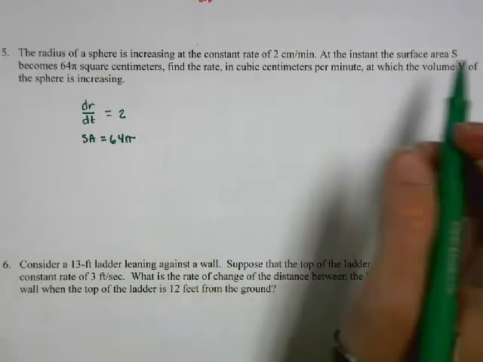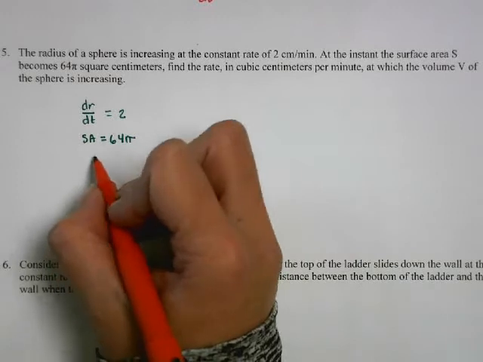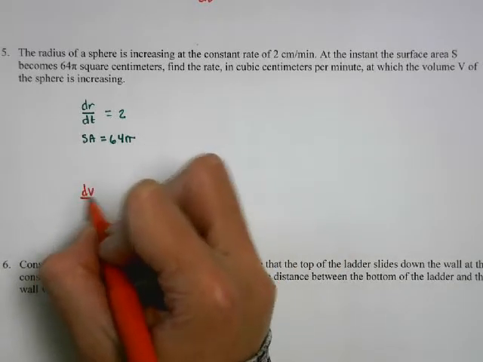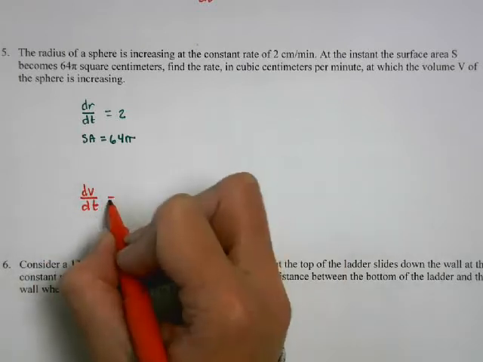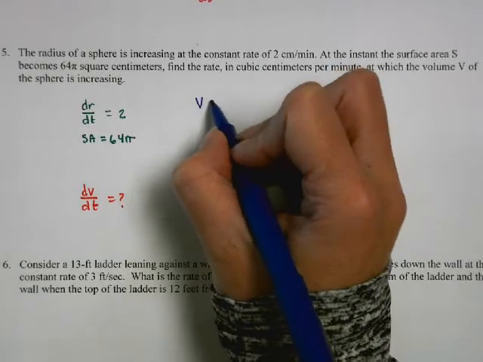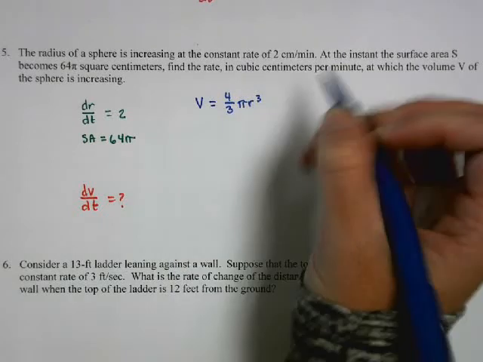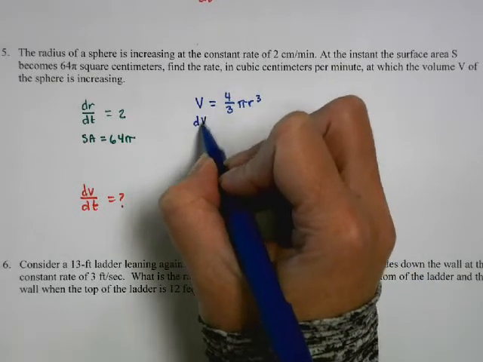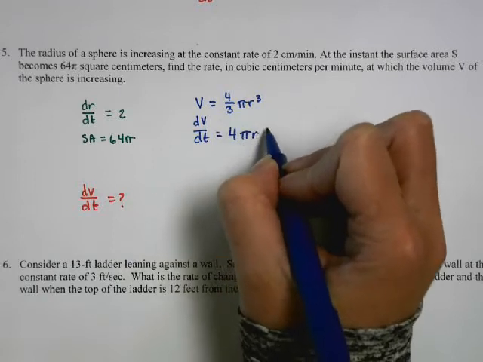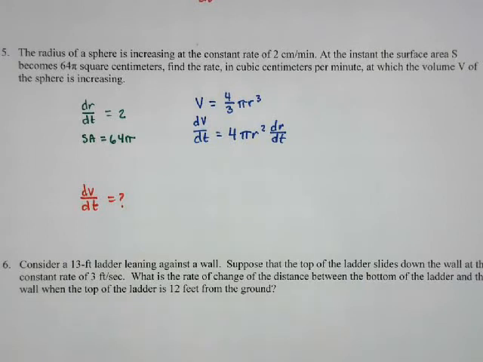So we are trying to find, I'm going to put this down here because we need to use this, dv dt. That's what we're trying to find again. My equation is still going to be 4/3 pi r cubed. So dv dt is 4 pi r squared dr dt.